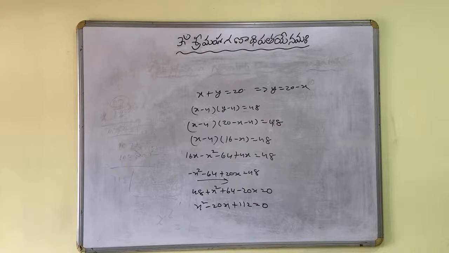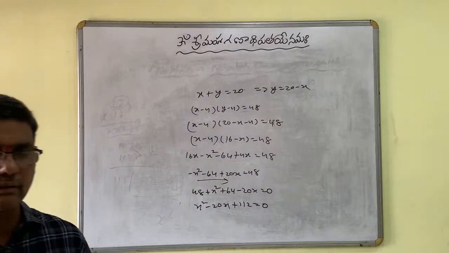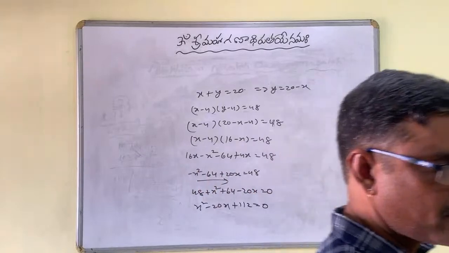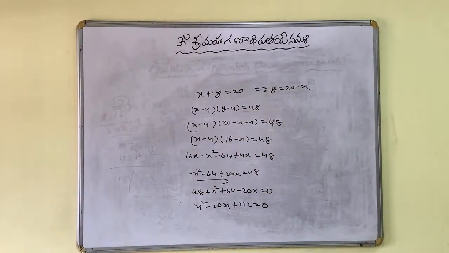Why are you taking this much time? Sammy, are you there? Akanksha? Negative 48.